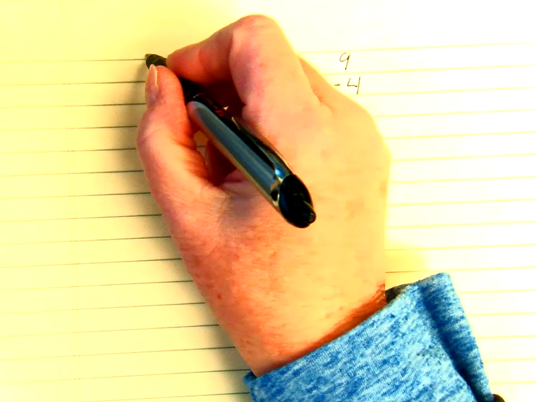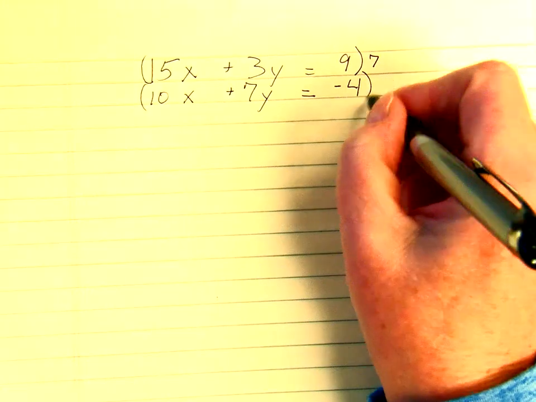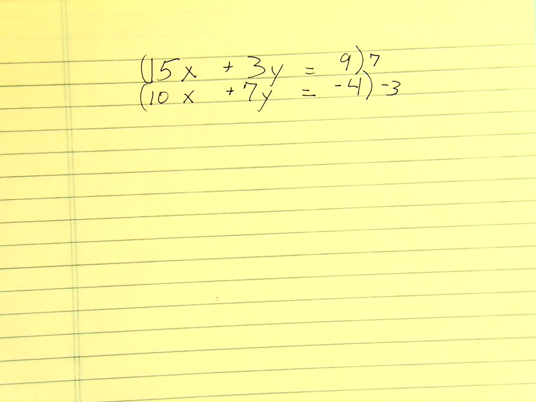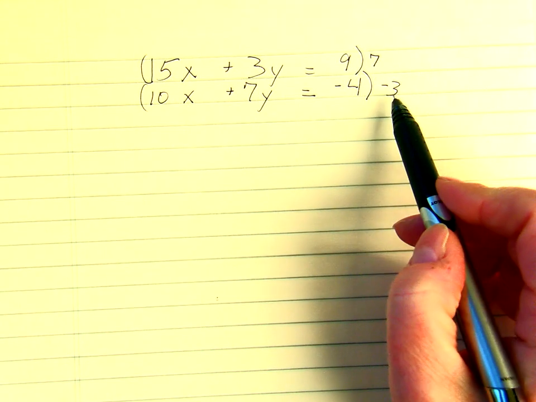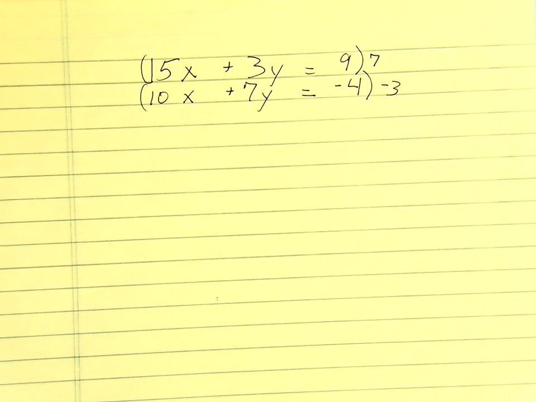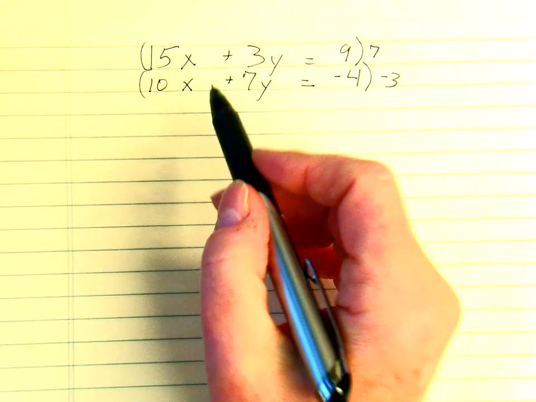So let's just see how that works. Now, once again, this could have been negative 7, this could have been positive 3. There is no just one way to do this. So this becomes a very personal thing as far as how you want to adjust them.